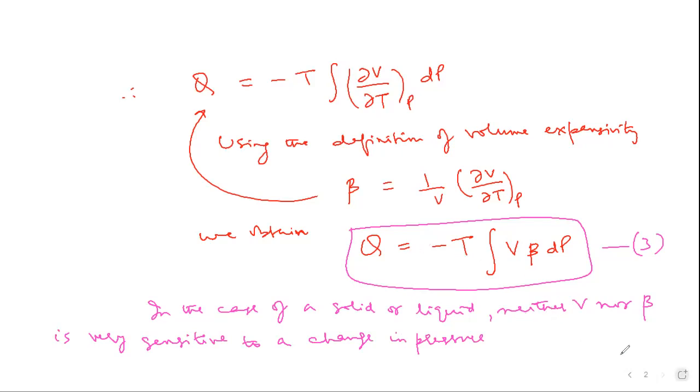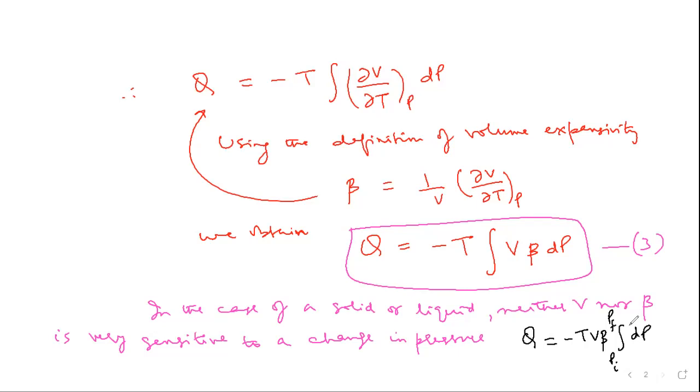This equation will become then Q is equal to minus V beta integral dP from Pi to Pf, right?